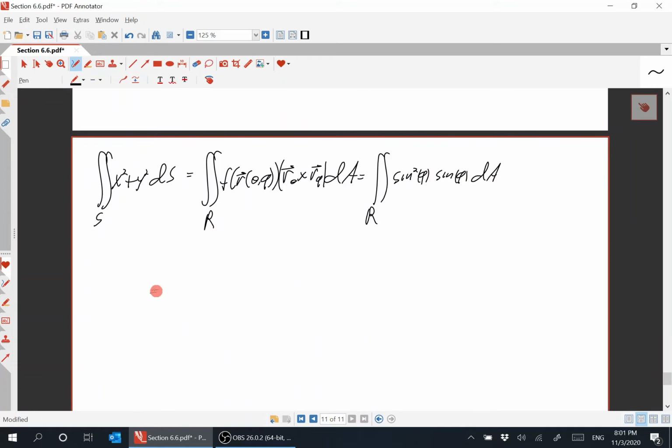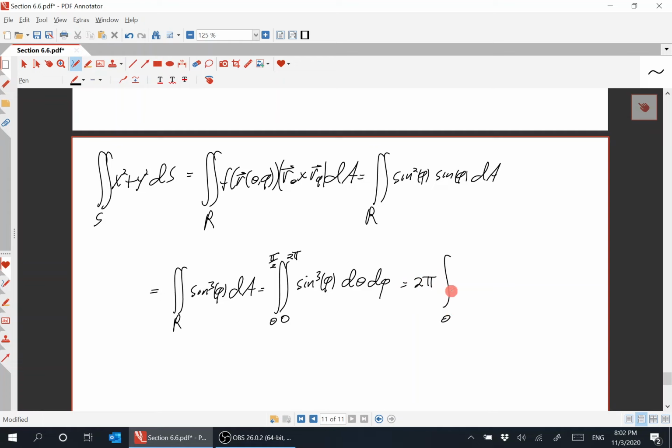So that's the double integral over R of sine to the third phi dA. And what was R? 0 to 2 pi for theta, and then 0 to pi over 2 for phi. Sine to the third phi d theta d phi. No thetas here at all, so it's just 2 pi times the integral from 0 to pi over 2 of sine to the third phi d phi.